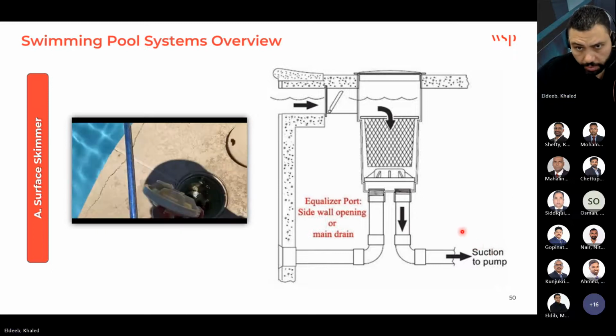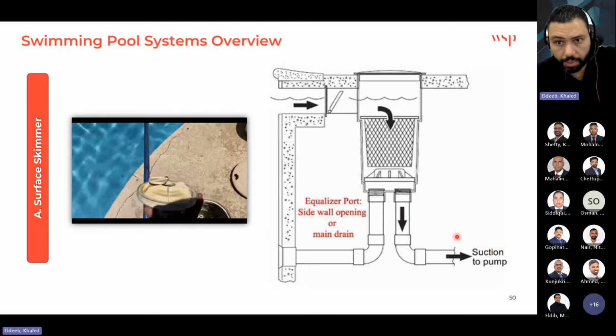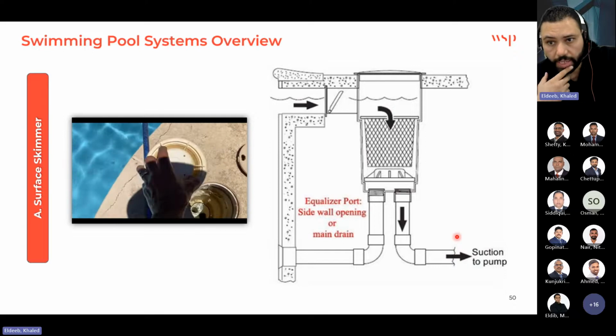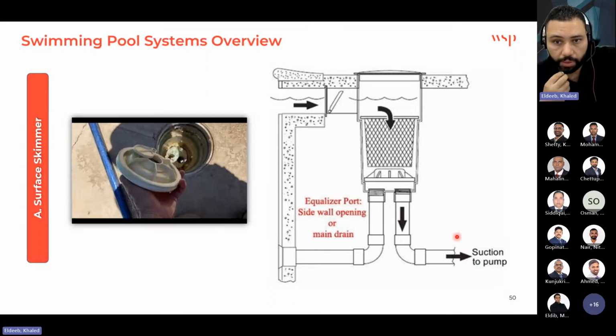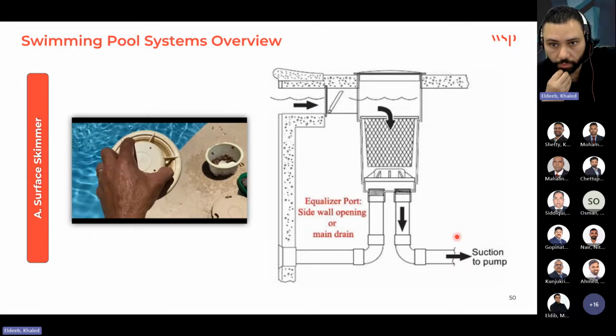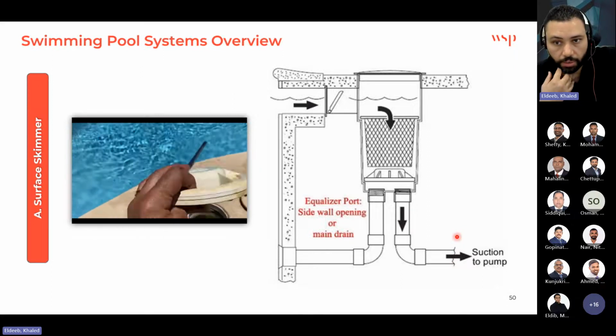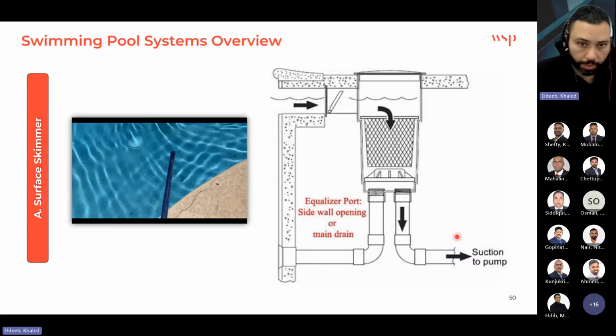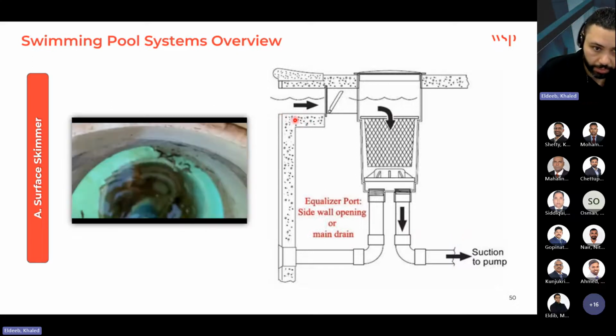Okay. So the skimmer diverter plate helps to ensure proper circulation and protect the pump from running dry if the skimmer basket gets clogged, or if the water level drops below the skimmer opening, below this level.